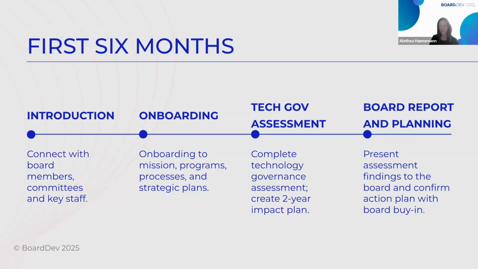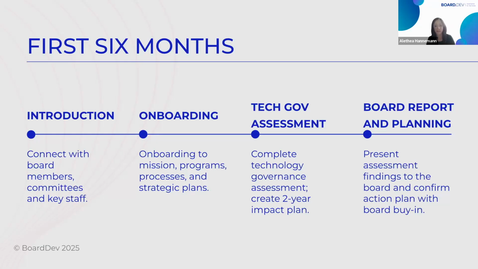Okay. And thinking about how people get started, the first 6 months is really critical for getting a tech board member up and running. Here are the moments that we recommend, the moments that matter. Number one, introduction and onboarding will look similar to what it looks like for other board members.